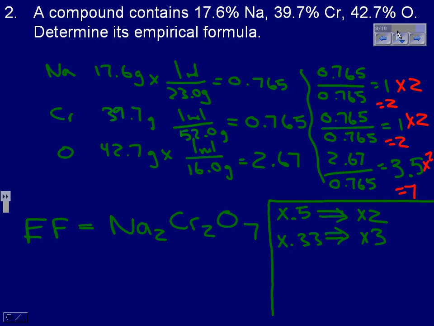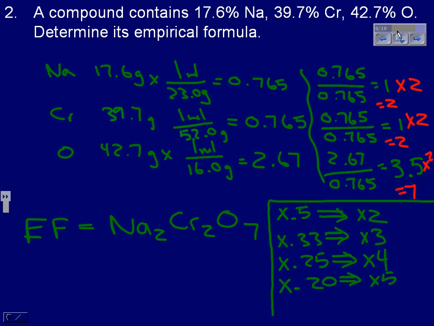I can even have an x.25, and if I have an x.25, I'll multiply that by 4. And in extreme cases, not very usual in these particular problems, they're higher level problems, I could even have an x.20, and I would multiply that by 5 in order to get rid of it.